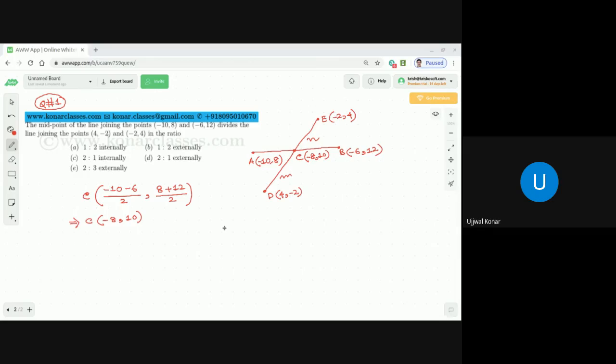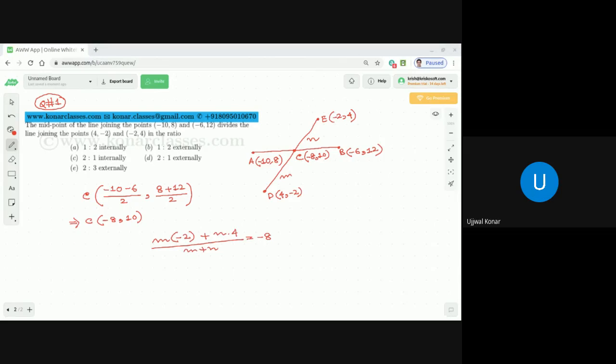So, -8 we can find something like this, from the section formula: m into -2 plus n into 4 divided by m plus n is equal to -8. And if you solve this, dear students, what do you get?